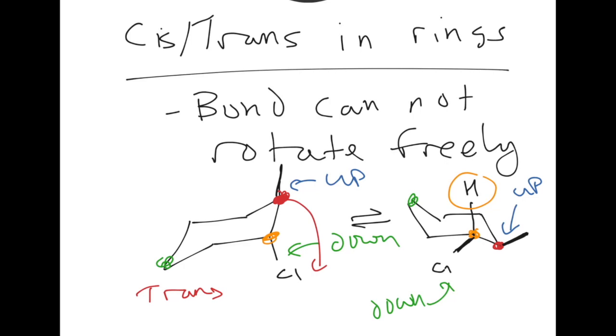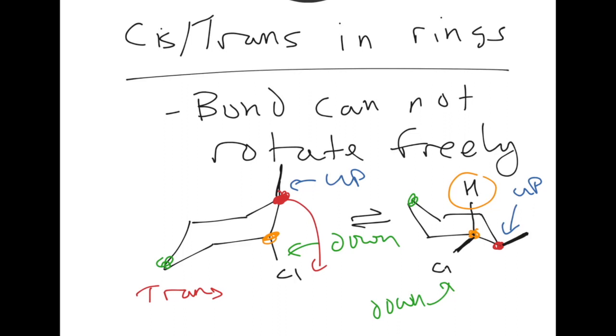So I was asked why the carbon that is orange in this drawing looks like it moves to another position. I was just trying to explain how to think about how a ring flip works. So if you think about it, it kind of doesn't move.